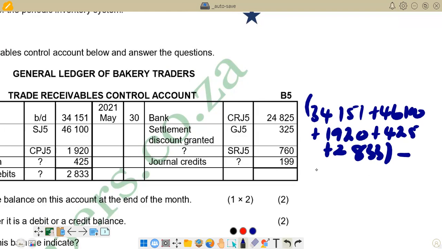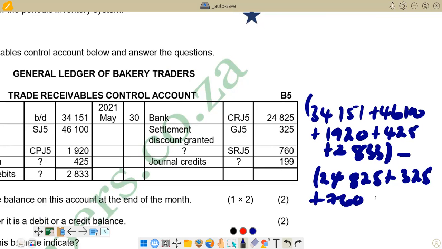Sorry, this is what we have on the debit. Now the total that we have on the credit side: 24,825, and we add 325, and we add also 760, and we add 199. So that's what we have.